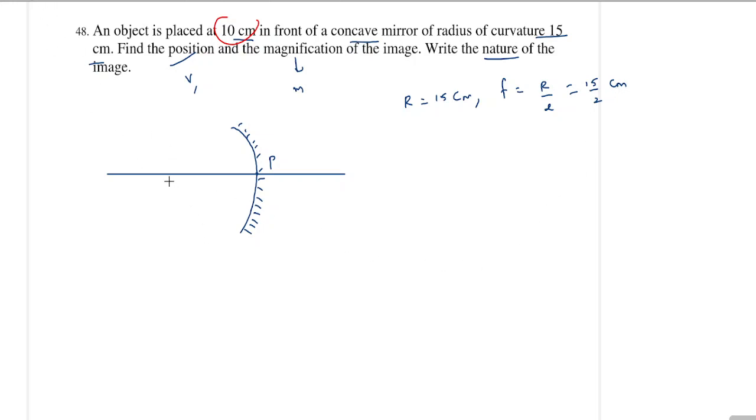So let us mark some point here as C, which is the center of curvature, and somewhere here is the focus point, which is 7.5. An object is placed at 10 centimeter. 10 centimeter means it is somewhere in between C and F, not at the center, but somewhere in between C and F. So let us place an object somewhere here.